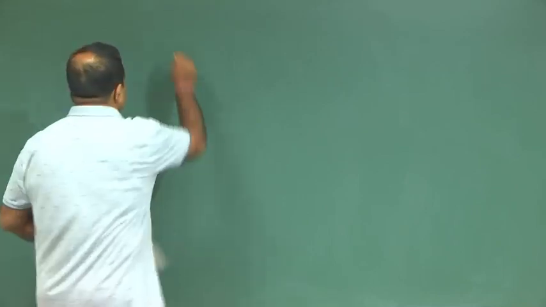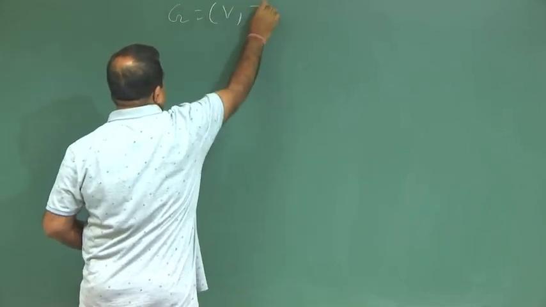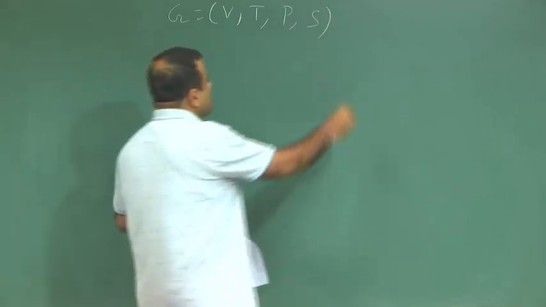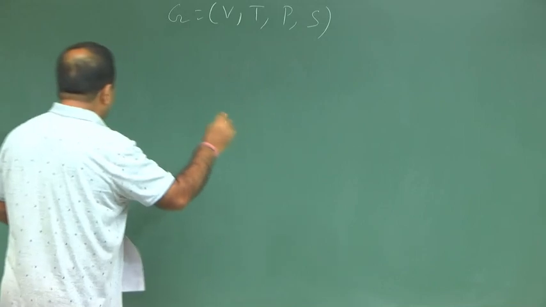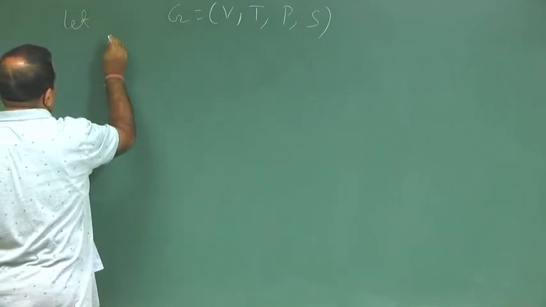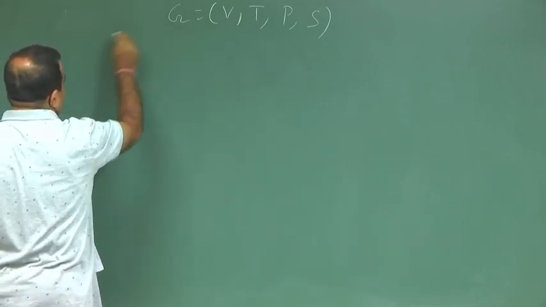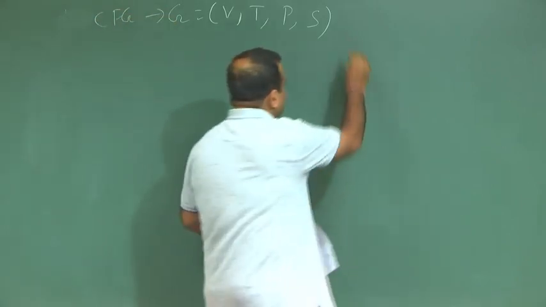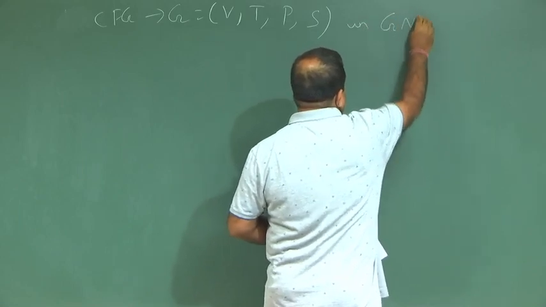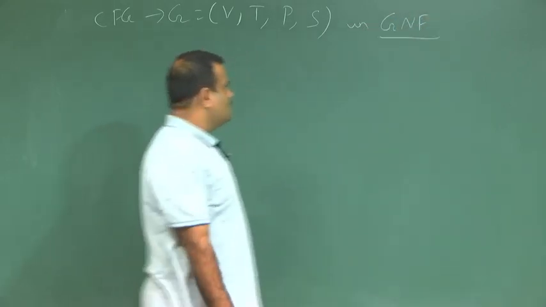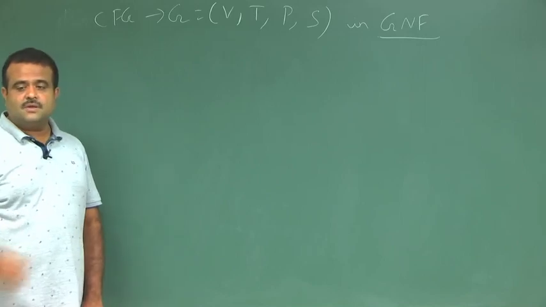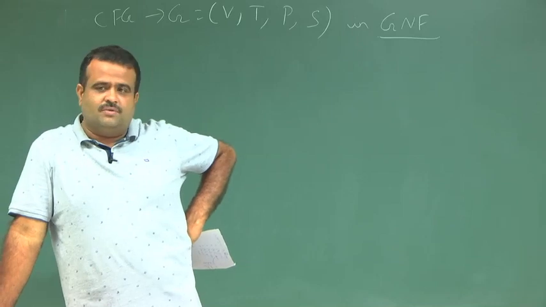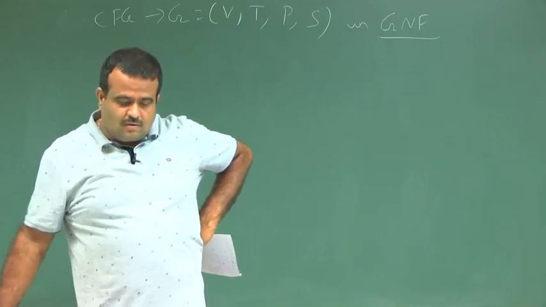Let G, which is (V, T, P, S), be a context free grammar in Greibach normal form. We know the two normal forms: one is CNF, another is GNF.